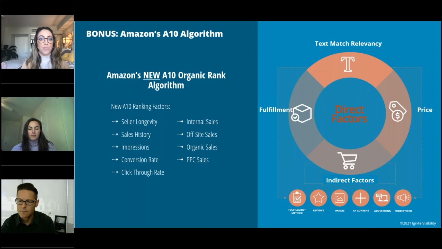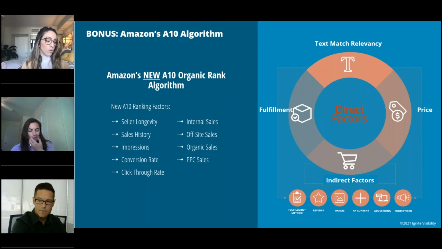That could be anything from using influencers or running search ads or using social, or potentially blog posts or even pointing from your website to Amazon. Any ways that you can think about to drive traffic over to Amazon, they're going to be rewarding you.